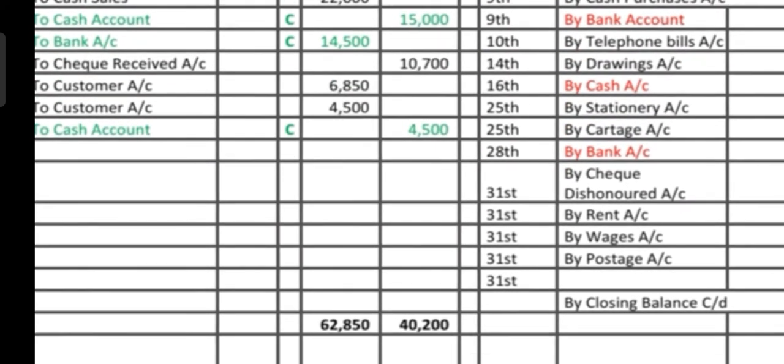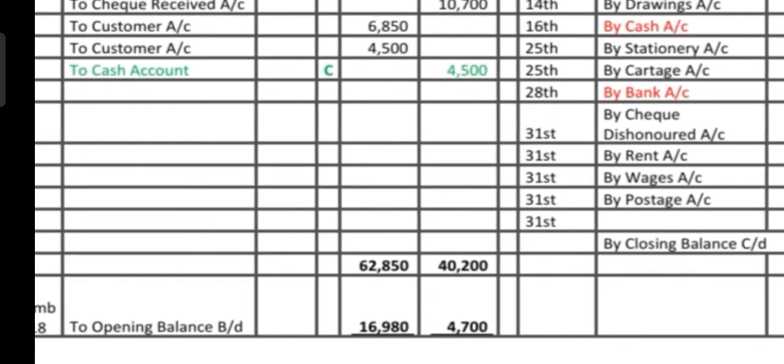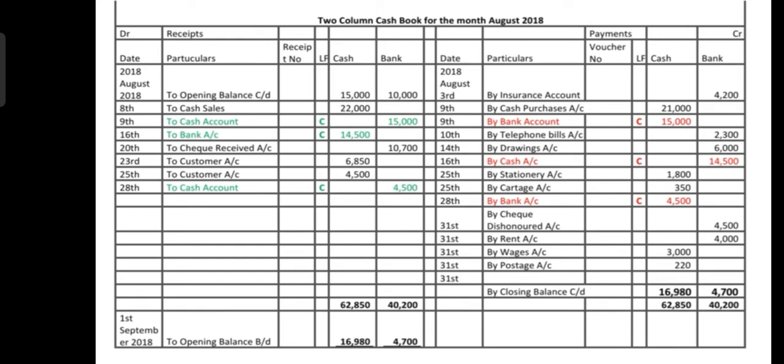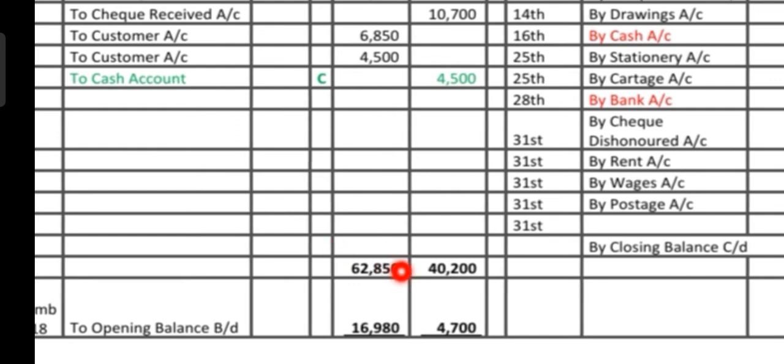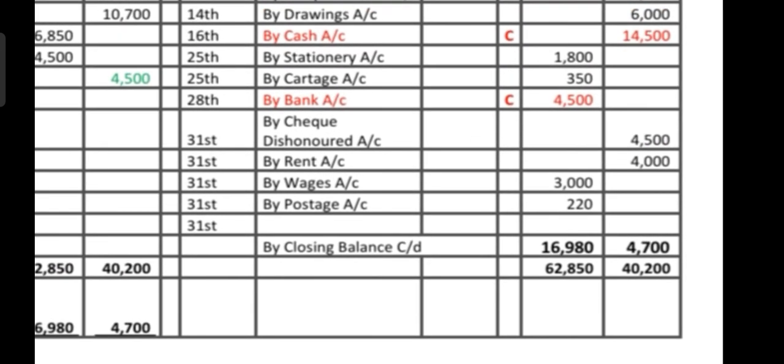Okay, now in the cash column, no doubt, definitely the cash column should show a debit balance. It will never show a credit balance. That's why first you should find the total under the debit side, that is 62,850. Then write the same on the credit side or payment side, 62,850.